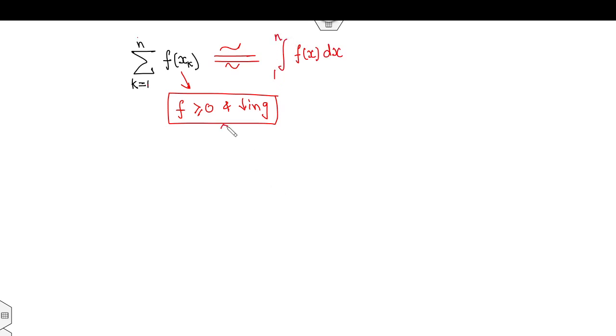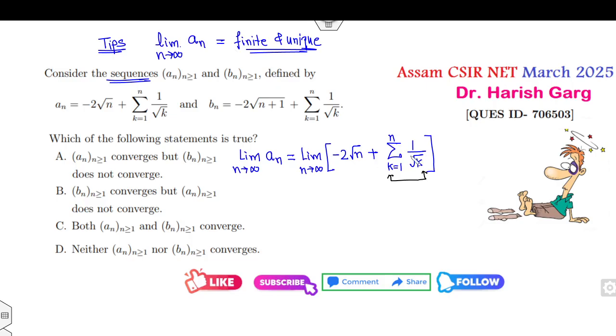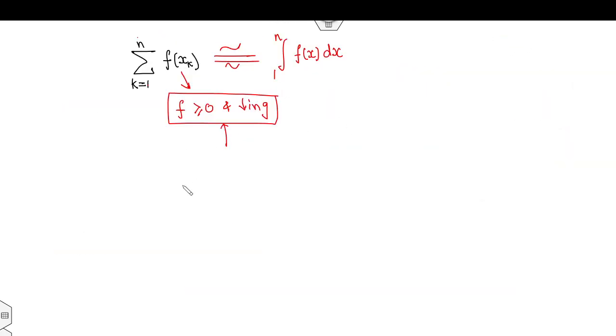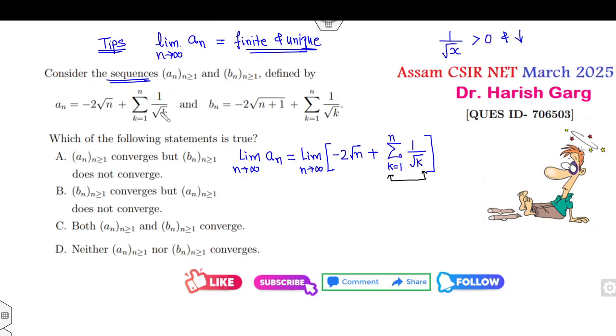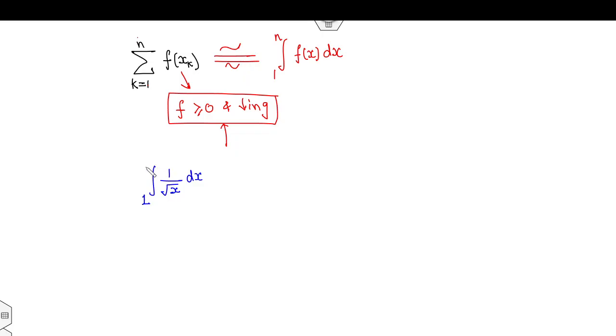Now you can see 1 over root x is always positive and decreasing. So I can solve this as the integral of 1 over root x with limits 1 to n. Can you solve this integration?